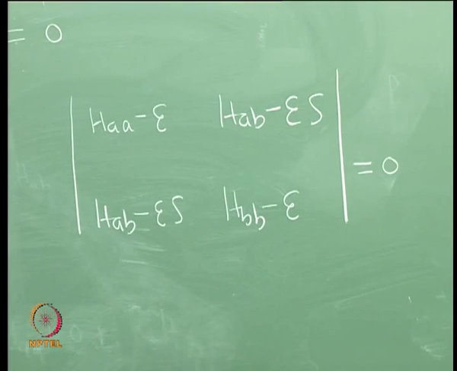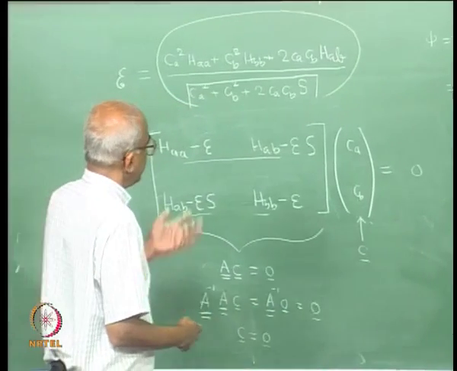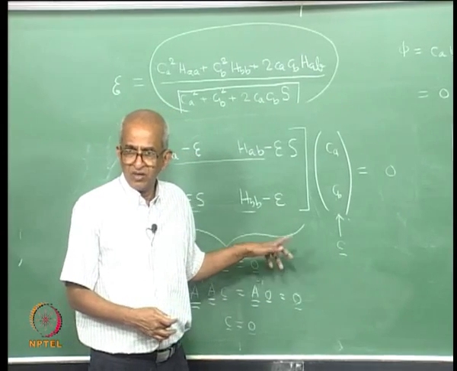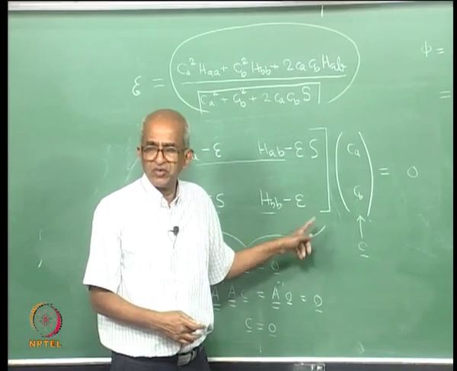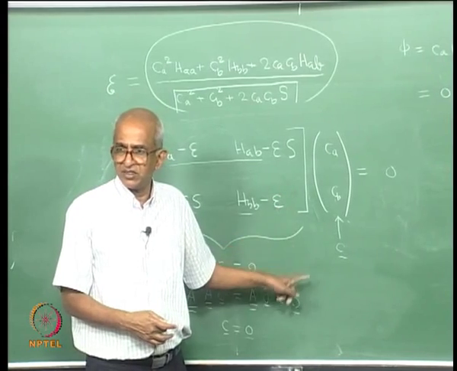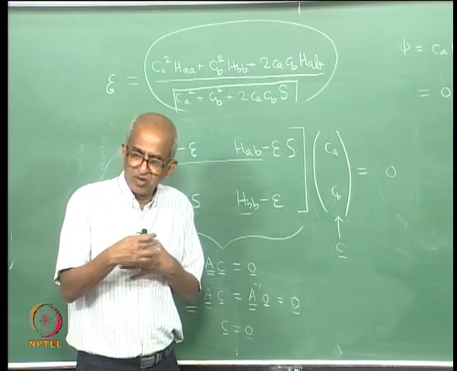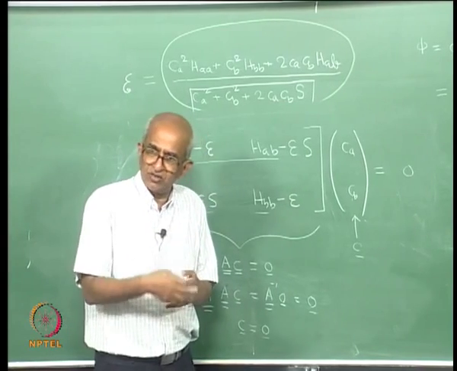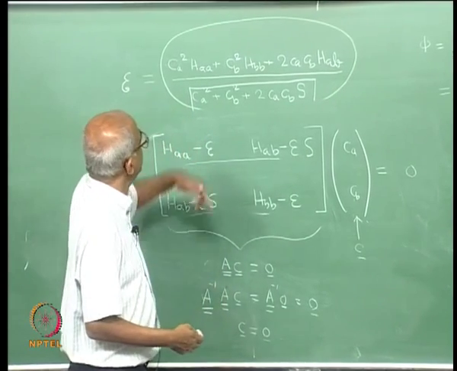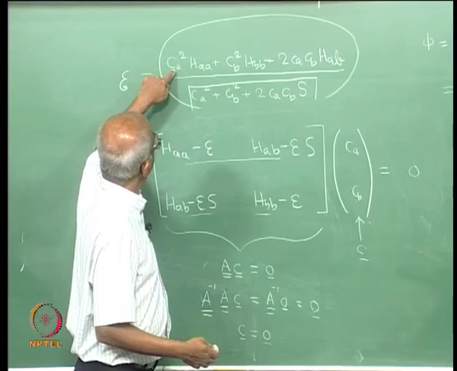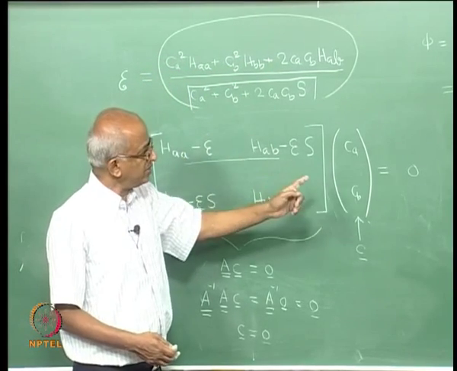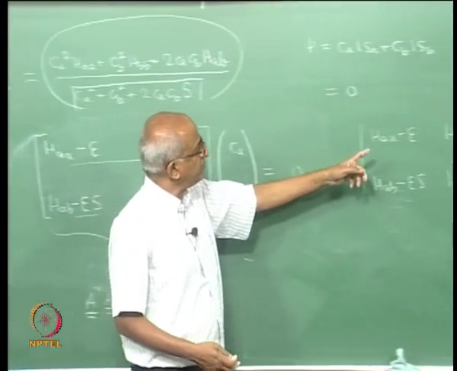Why is it very nice? Because originally I had two equations, one for C A and the other for C B, and the problem was to solve for C A and C B, and once I had obtained those best values of C A and C B, I would have to put them in here and find the value of script T. But now look at this, I have obtained an equation for script T directly.